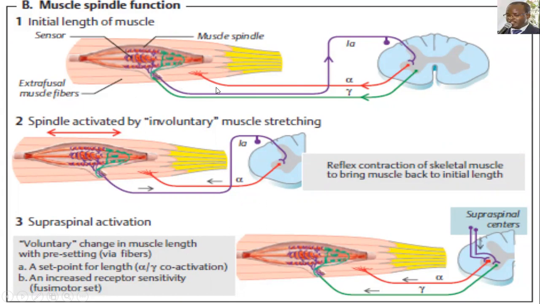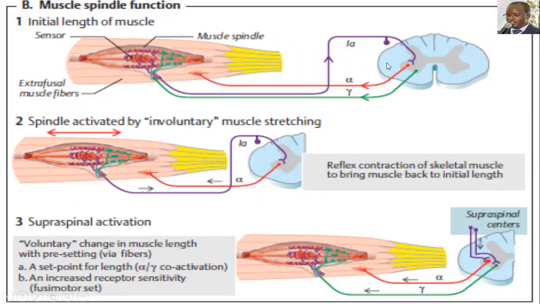Once they are stimulated because of stretching, they will fire an action potential that will transmit to the spinal cord. Then it will form a synapse with the motor neurons. So there are two motor neurons here, the alpha and the gamma. The alpha is the one that is innervating the extrafusal fibers, and the gamma is innervating the intrafusal fibers.